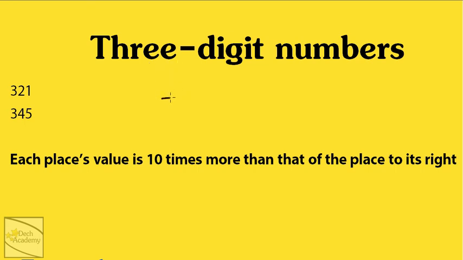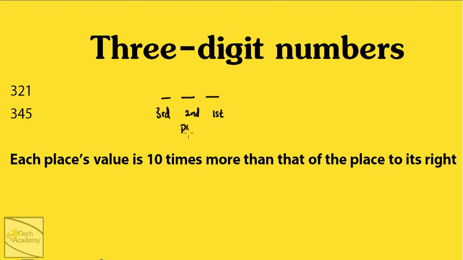So I'm going to use a line to represent each digit in a 3-digit number. Now, each of these places, for instance, let's call this the first place, the second place, and the third place.